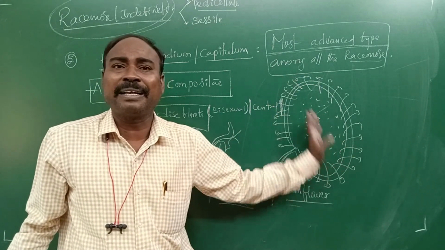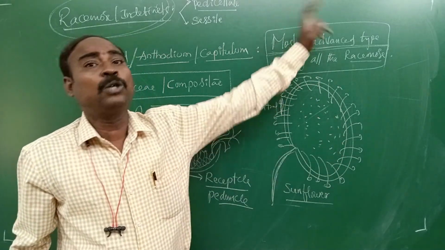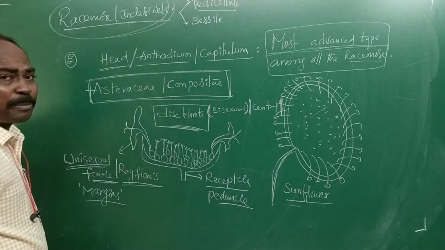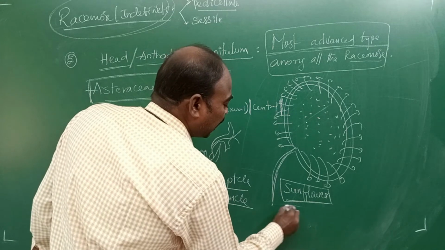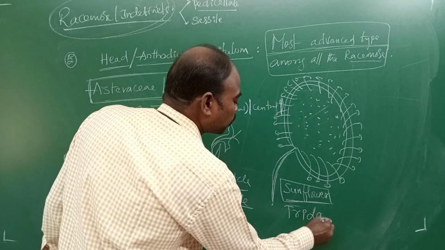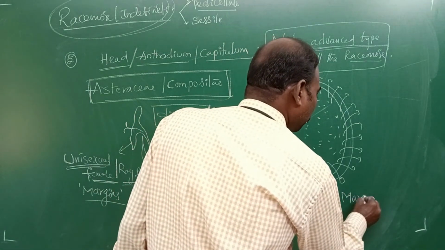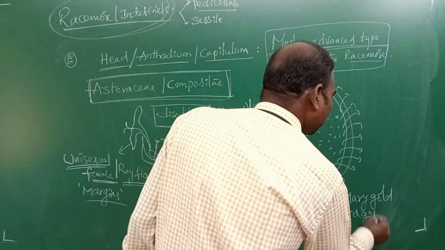So this inflorescence is said to be an advanced type. It is a characteristic feature of Asteraceae members, for example sunflower, Tridax, marigold, Tagetes, etc.